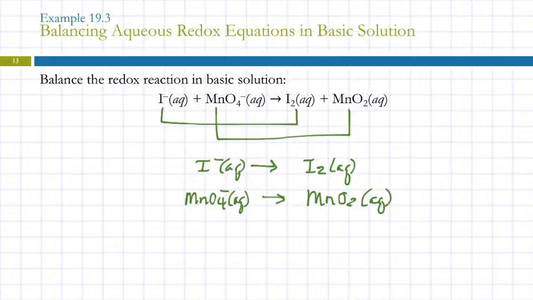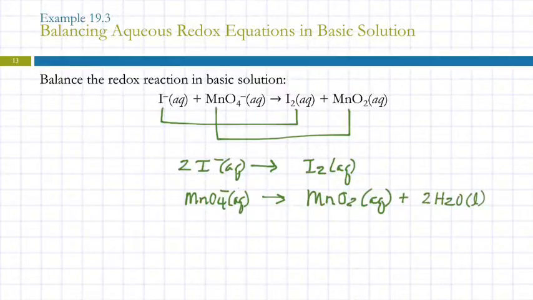Balance for mass. So in the first half reaction, I have 1 I and 2 I's. So I need to put a 2 over here, so I have 2 I's on both sides. In the bottom, the manganese is fine, Mn, Mn. Oxygens, I have 4 oxygens here, and I have 2 over here. So I need to add 2 more to the right side. I do that by adding H2O.